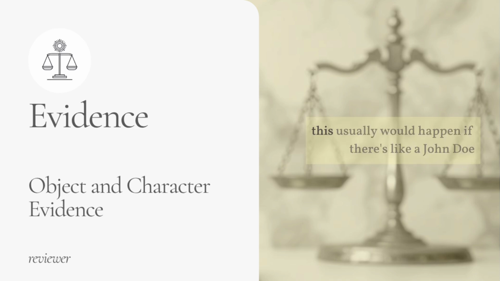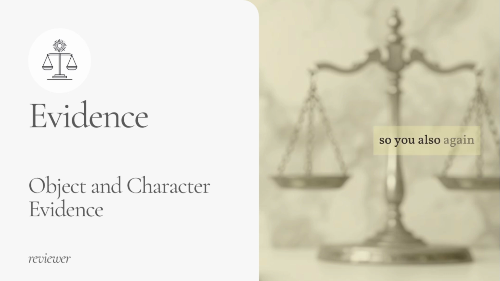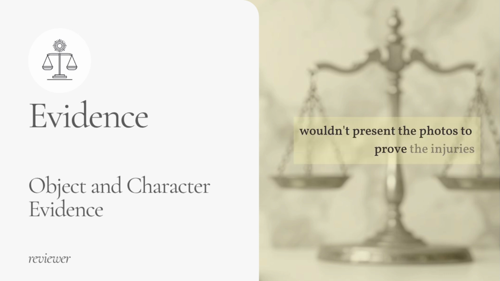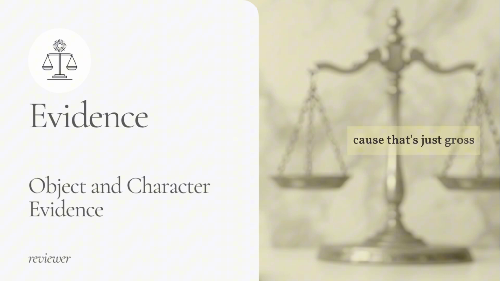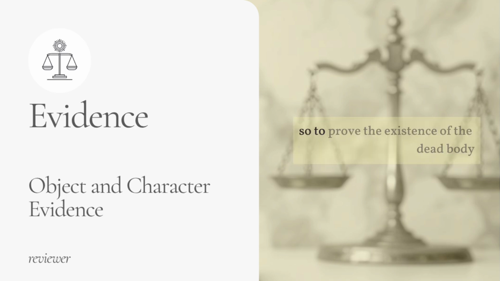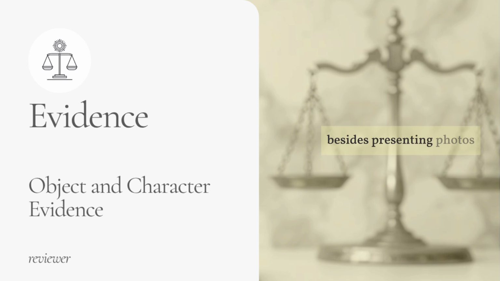So this usually would happen if there's like a John Doe, because otherwise you wouldn't present a photo, you'd present the death certificate. And usually there's a medico-legal anyway, so you also again wouldn't present the photos to prove the injuries because that's just gross. So to prove the existence of the dead body, there are other things that you could do besides presenting photos.